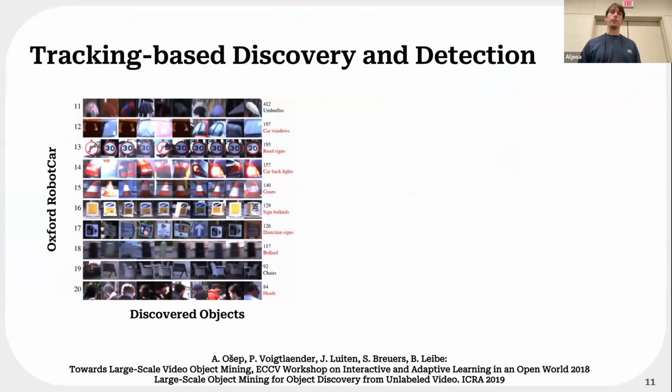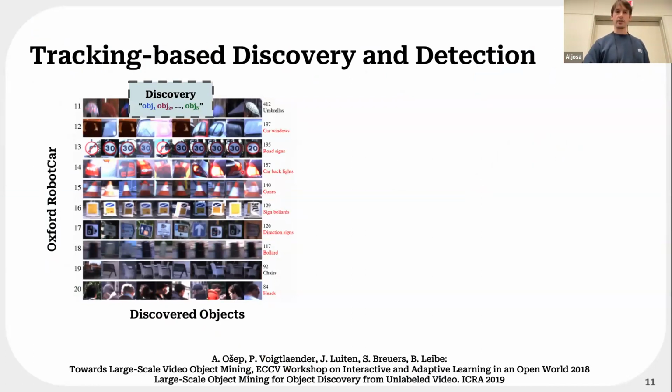All right, so we used these methods to mine video object proposals from existing datasets, right? We would take datasets such as Oxford RobotCar, run our trackers, mine object tracks, and then we performed discovery. What we did back then is we simply clustered these video proposals that we mined using k-means based on appearance features.